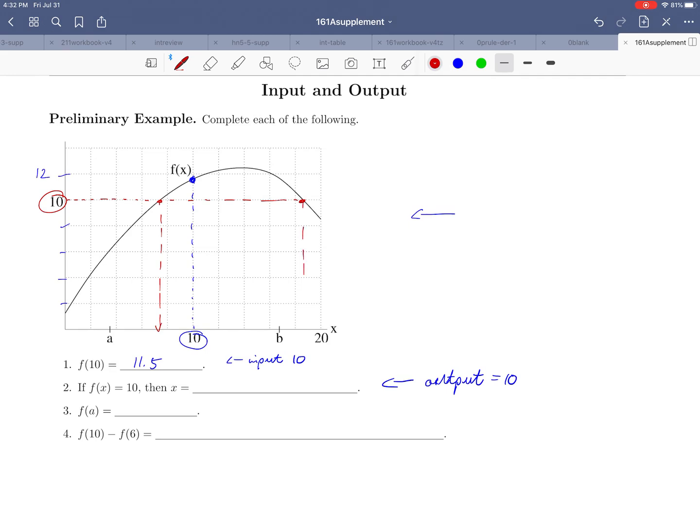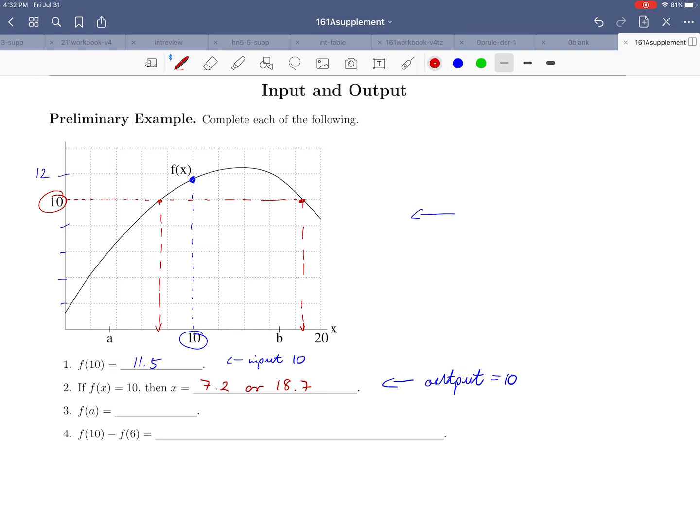One is over here and the other one is over there. So I can estimate those values, and again, each tick mark is about 2. So that's about 7.2, or the other one, that looks about 18.7. I'm totally estimating here.